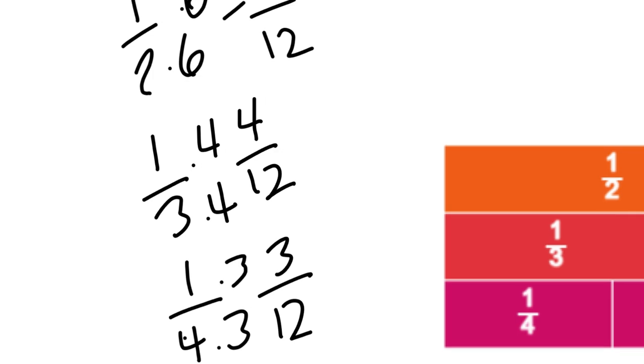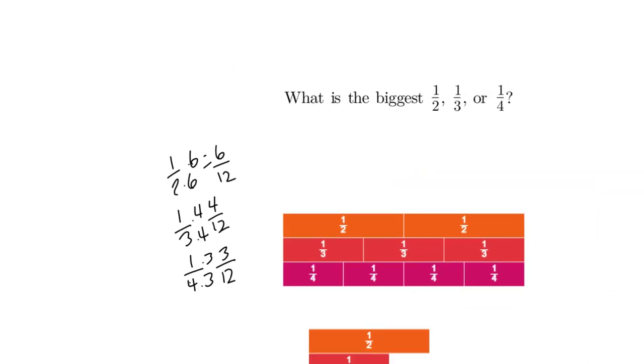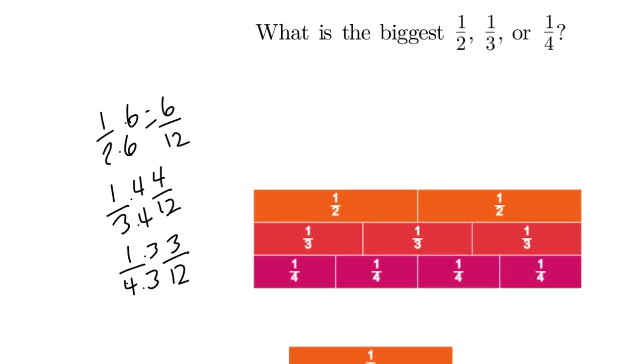Out of these numbers, we can clearly see that 3/12 is the smallest of all of the numerators. Having common denominators makes it a lot easier to compare fractions. So out of 3/12, 4/12, and 6/12, the 3/12, which is 1/4, is the smallest. Our biggest one is going to be 1/2.